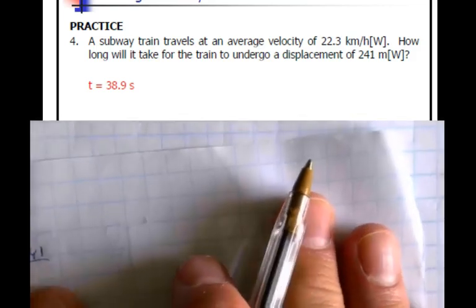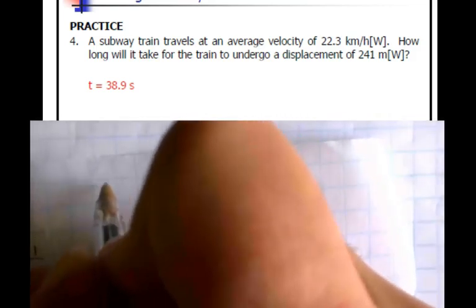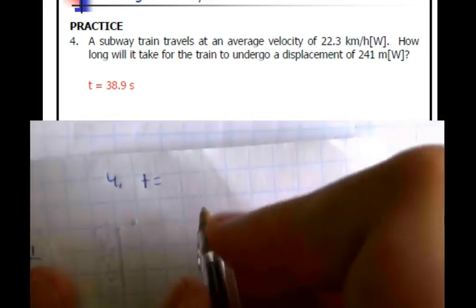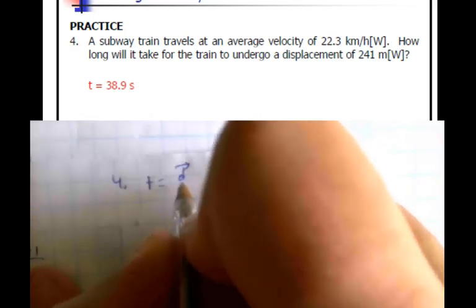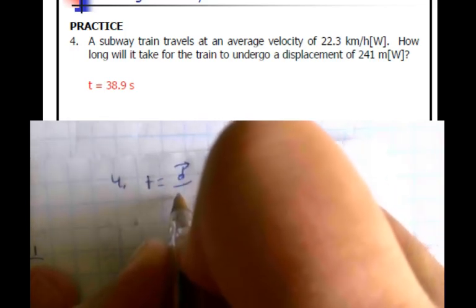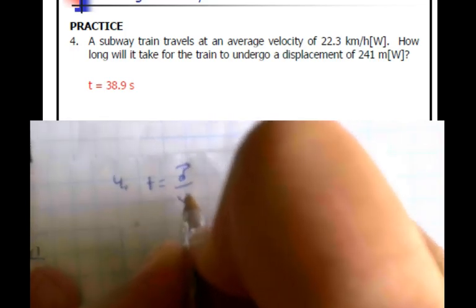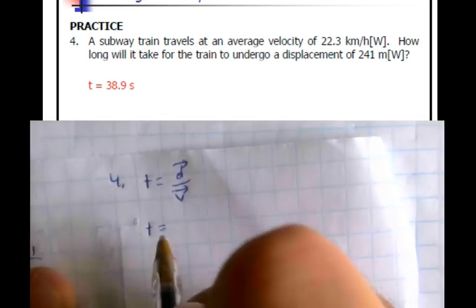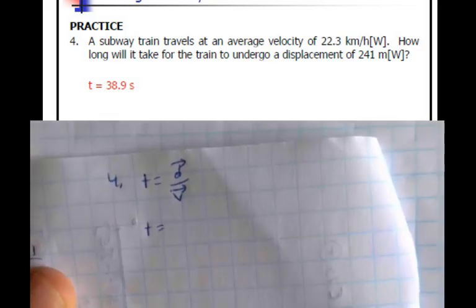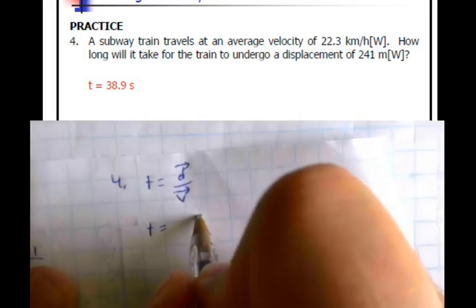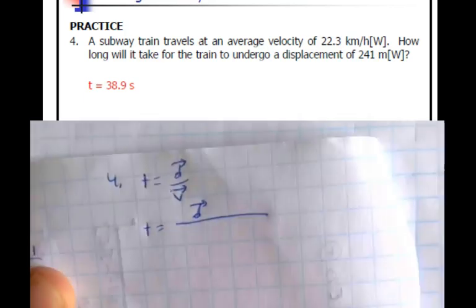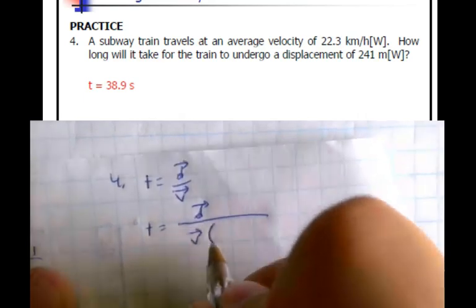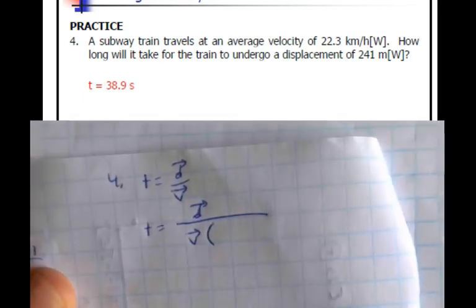Okay, so let's look at this. The first thing we need to do for this question is solve for time. Time is equal to the displacement over the average velocity. But our average velocity is in kilometers per hour, so I'm going to write this in my denominator. My velocity in kilometers per hour has to be converted to meters.